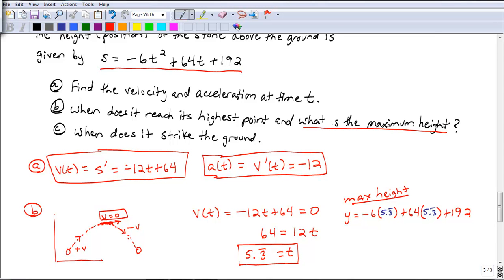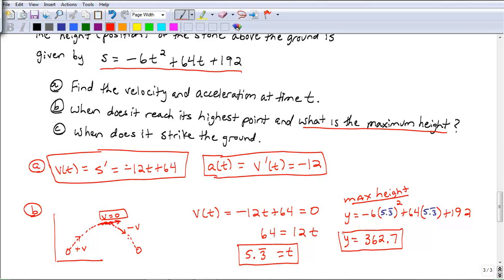So I type this in. Oh, that should be squared, I believe. Oh no, yeah. And it looks like what you get is 362 2/3, or 362.7.